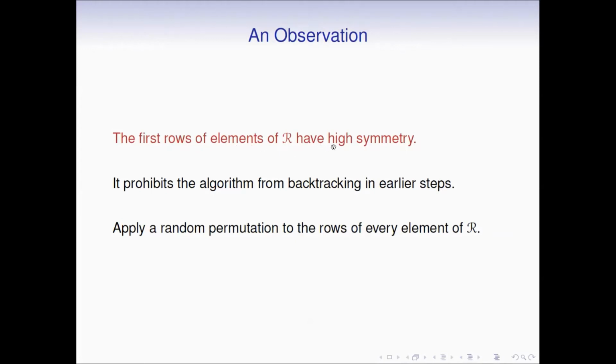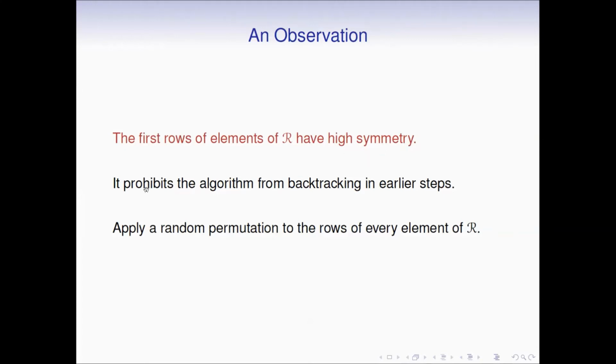This is because of the method of construction. When we constructed these matrices a long time ago, about 10 years ago, the procedure was so that the first rows had high symmetry.